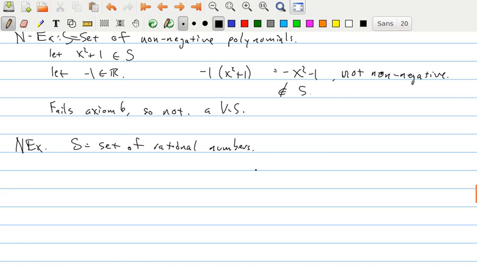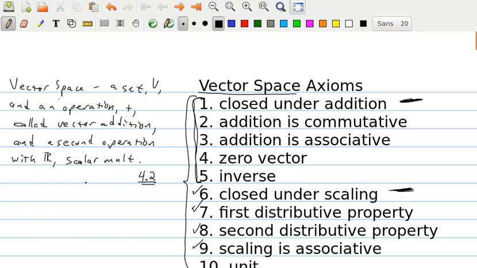These are things like fractions like 1/2, 3/4, negative 2/11. These are numbers that can be written as an integer divided by an integer. So if we go back and check those axioms, rational numbers are closed, they're commutative, addition is associative, 0 is a rational number. If I take a rational number, its negative is its inverse.